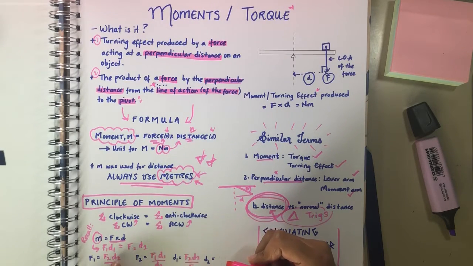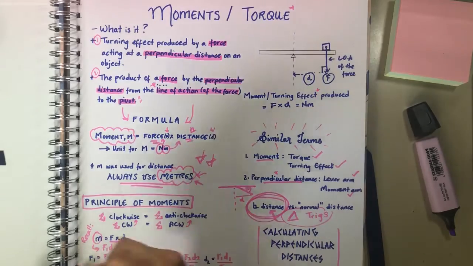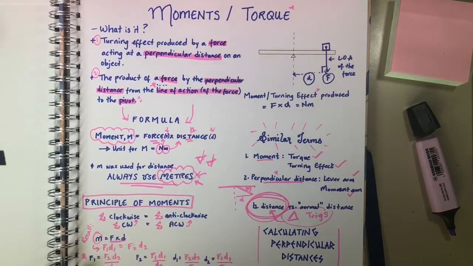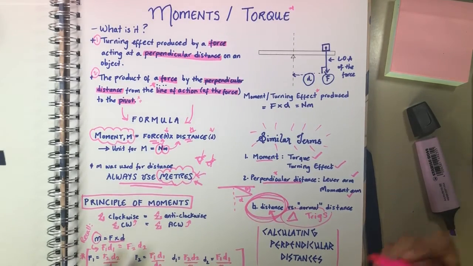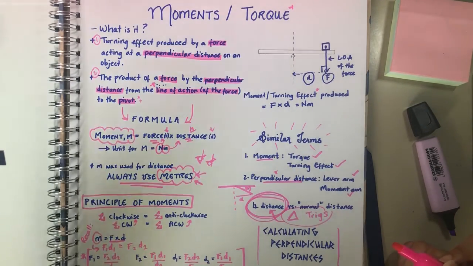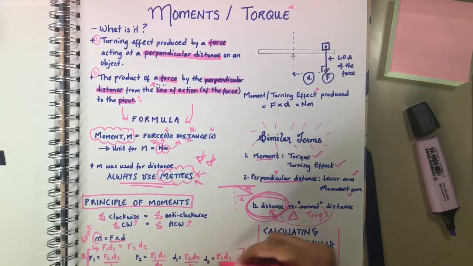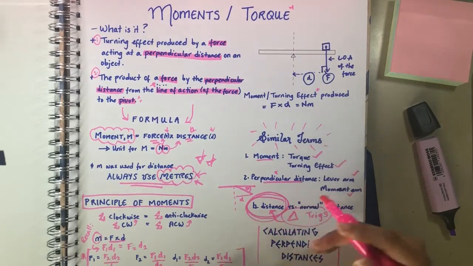And for D2, we'd send this across, so we get F1 D1 over F2. Now this is very important, and the ability to transpose and get these values is extremely important for solving these questions. So if you need, you can rewind and go back and actually internalize how I got these, what moment really is, etc.